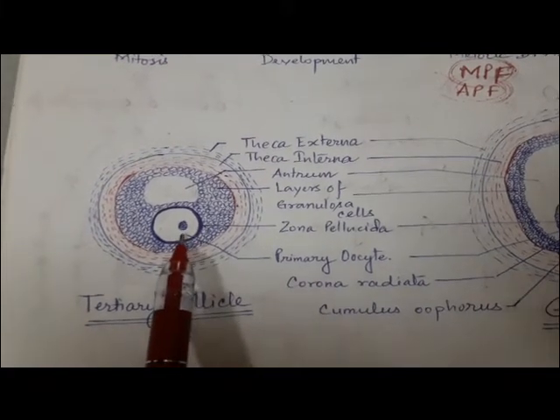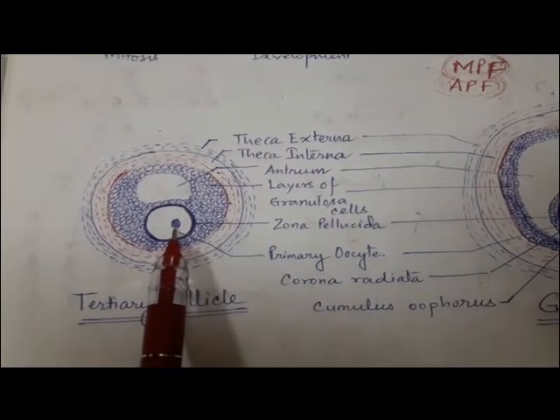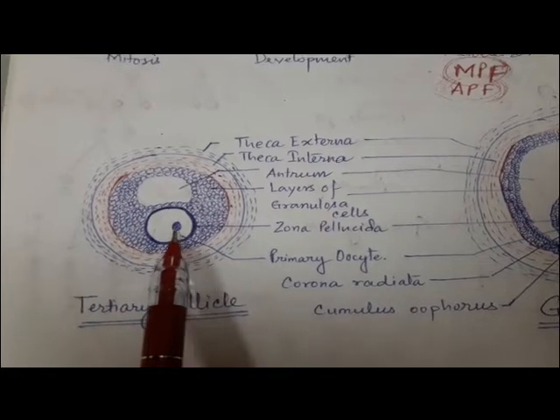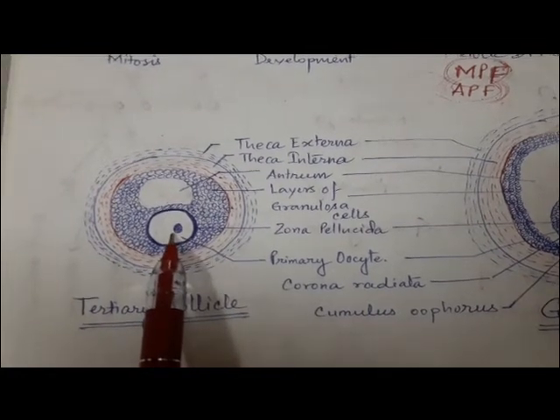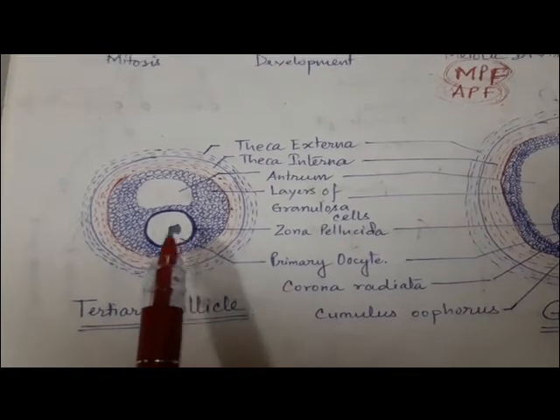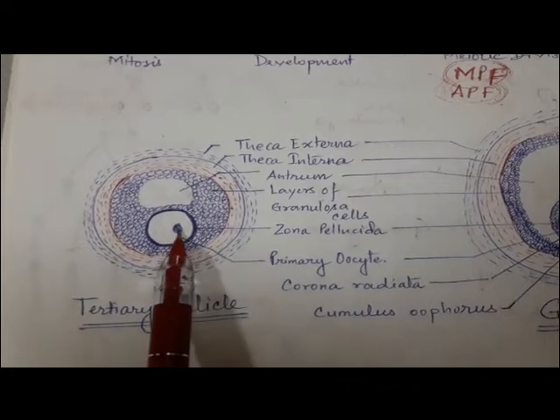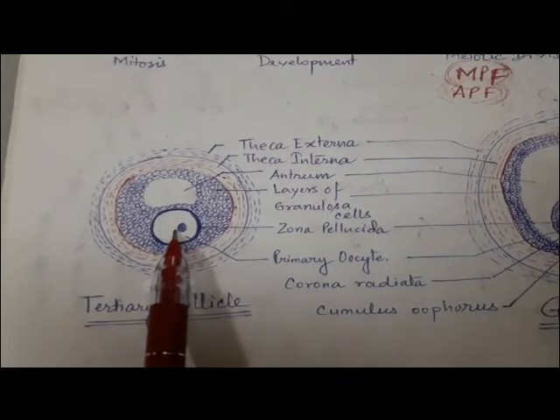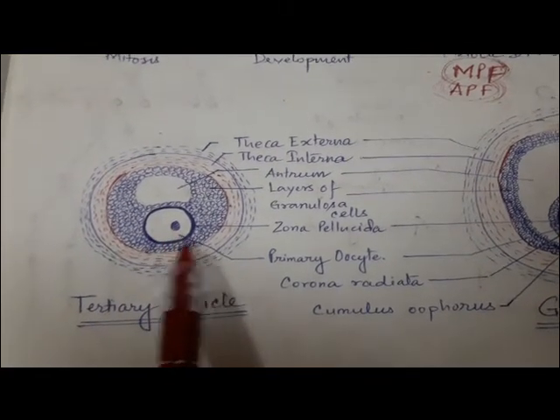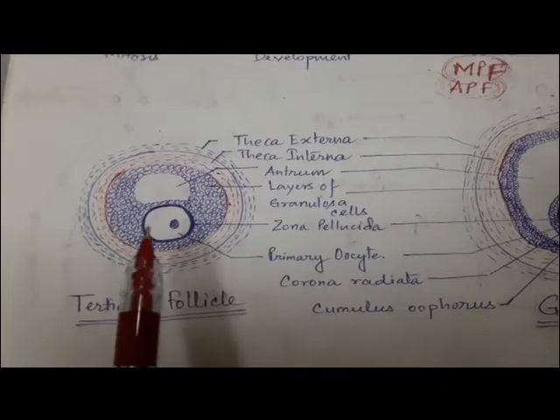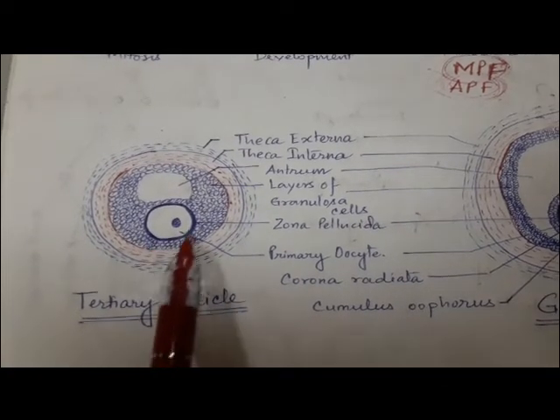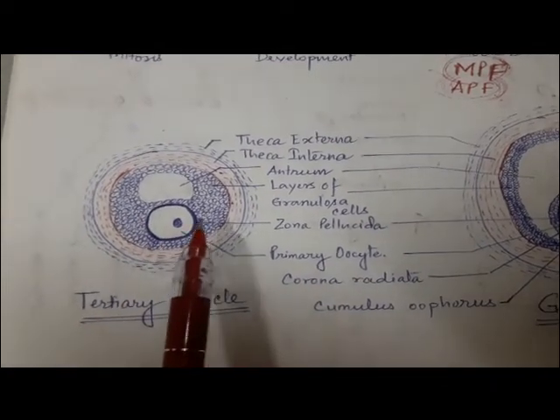Inside this we have our primary oocyte, which is still going to form the secondary oocyte after the maturation process. So the primary oocyte is still present in this condition within the zona pellucida, right?